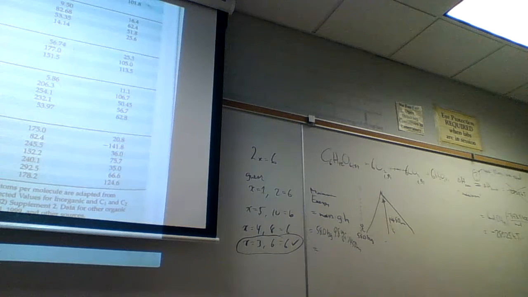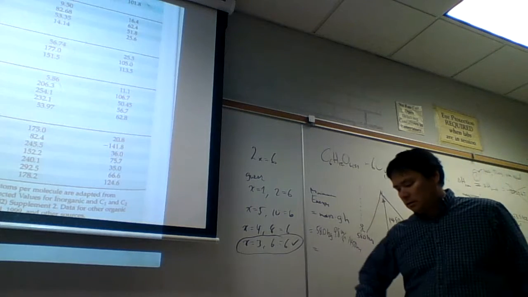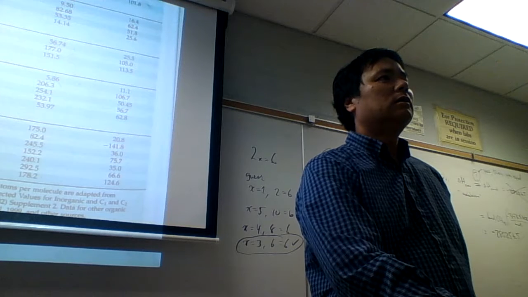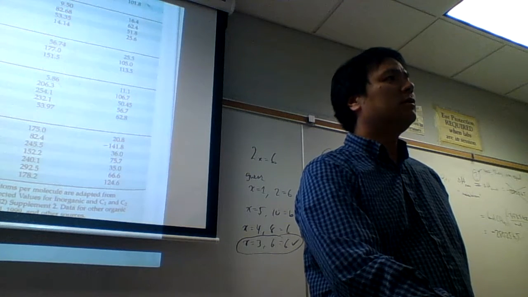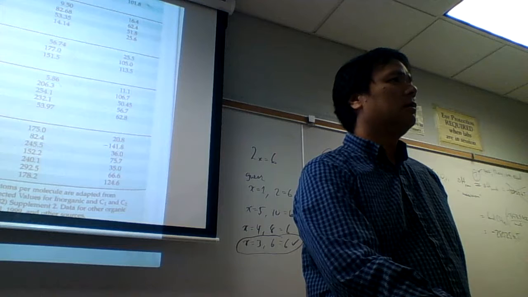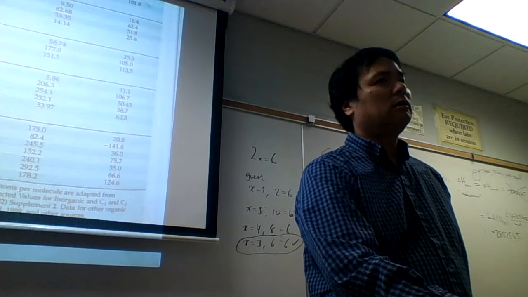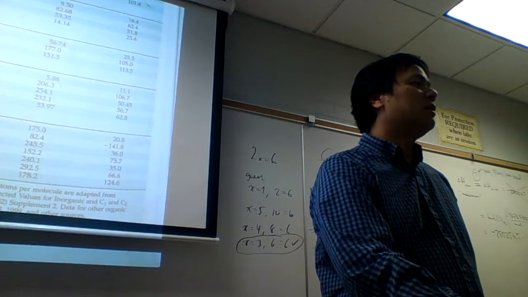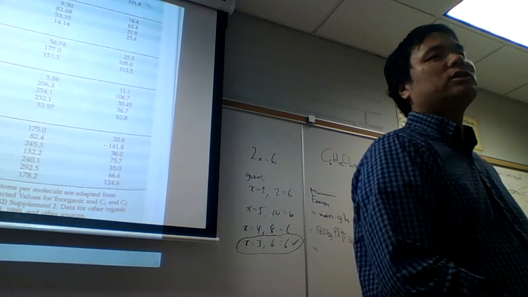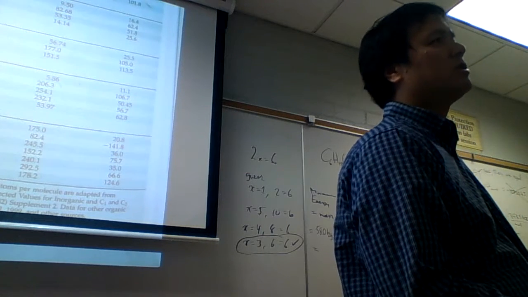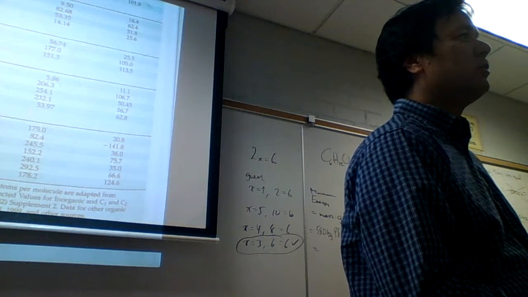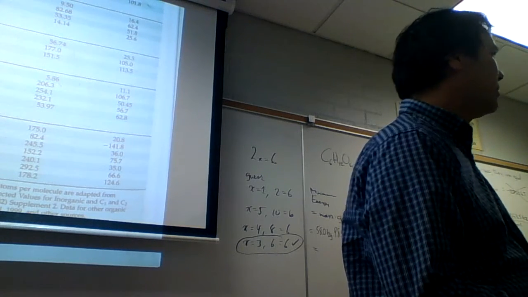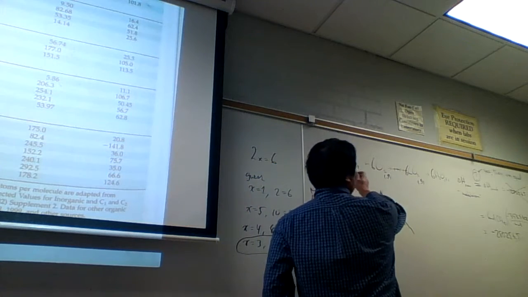But you tell me, what do you think? How do we know when delta U and delta H are less than, greater than, equal to? How do we know? Change in volume, right? You might say, hey, there's no change in volume. Delta U is in a bomb. There's no change in volume. It's change in volume under what conditions? Under constant pressure conditions. So under constant pressure conditions, did we have a change in volume here?